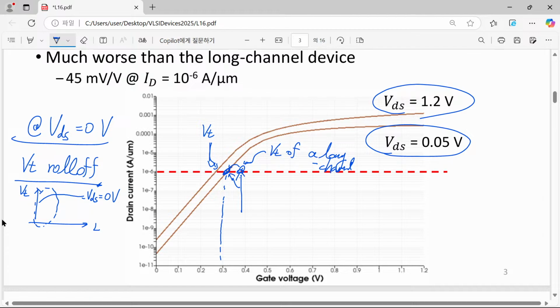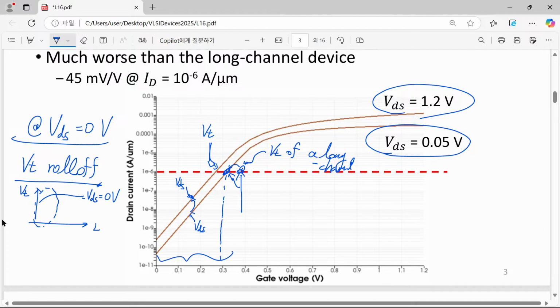Compared with this relatively small VDS value, now we apply much higher drain voltage, like 1.2 volt. So it is quite acceptable to have higher drain current.